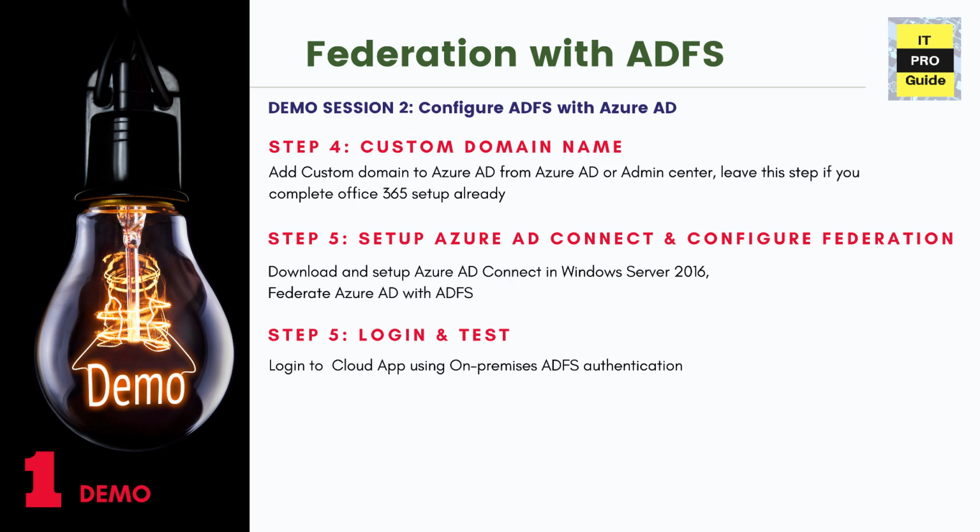Azure AD Connect is an .exe file. You can install it on the ADFS server so that you can configure a federation with a wizard, and that is very easy actually. You can just make your choices and complete the federation with Azure AD. Then once you have the setup, the next step, of course, is to test the cloud application using on-premises ADFS authentication.